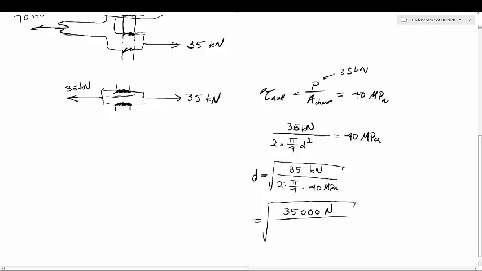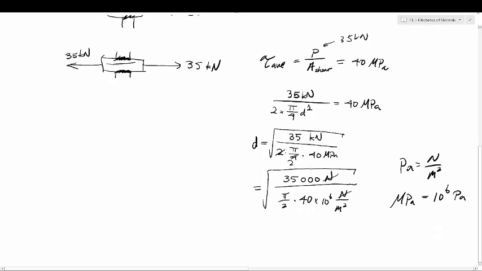I'll cancel this 2 out, so that'll be pi over 2 times a megapascal, which is 10 to the 6 pascals. A pascal is a newton per meter squared, and 1 megapascal equals 10 to the 6 pascals, so this is going to be 10 to the 6 newtons per meter squared.